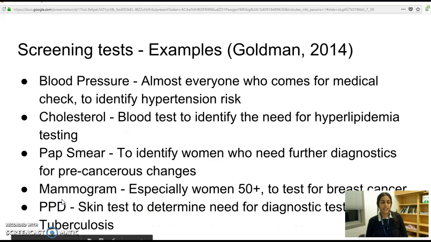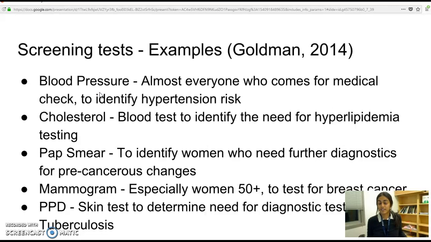So screening tests, examples of this, pre-diagnostic testing. Blood pressure is actually a screening that's used for almost everyone who comes for a medical check.